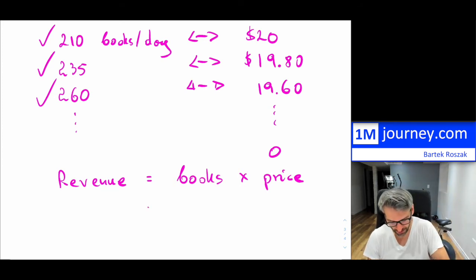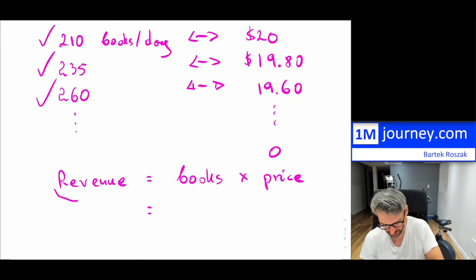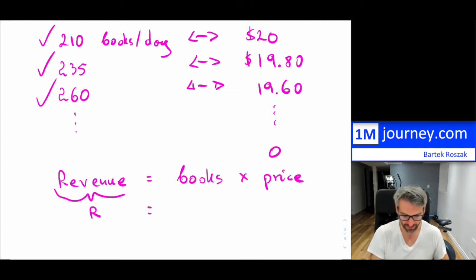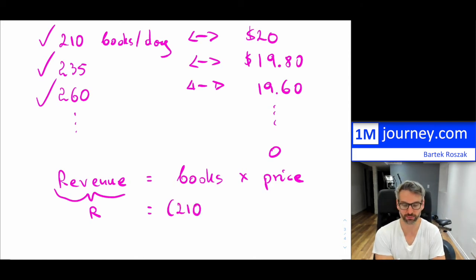Now, can I model this in some way? So let's make this revenue, R, and then the number of books. Well, how many books am I selling? If I don't do anything, I'll sell 210 books.